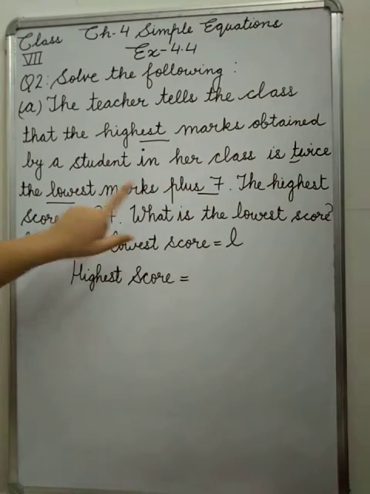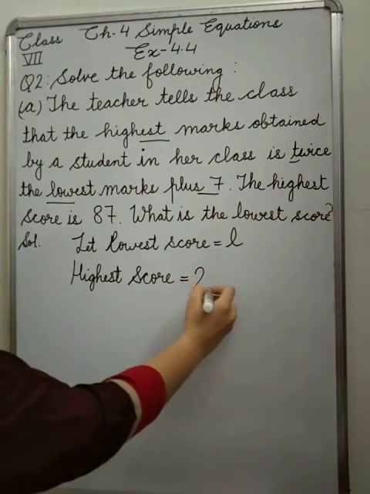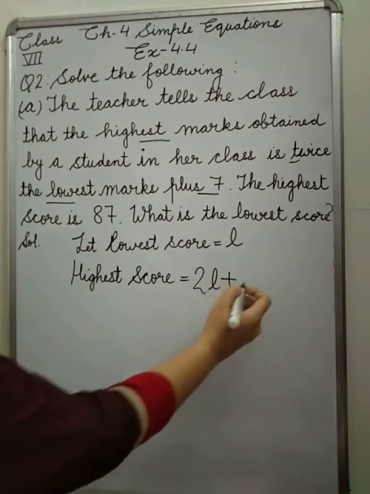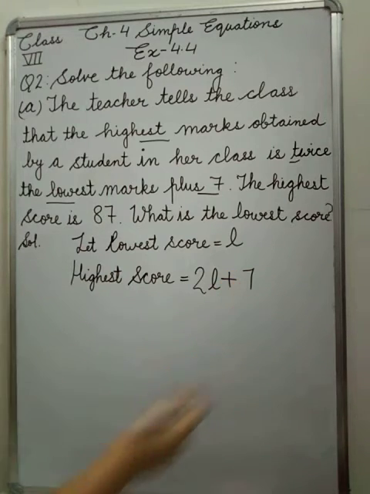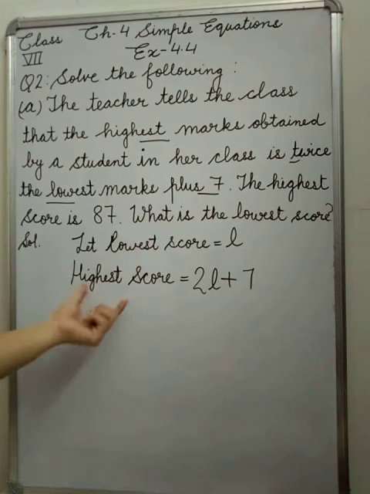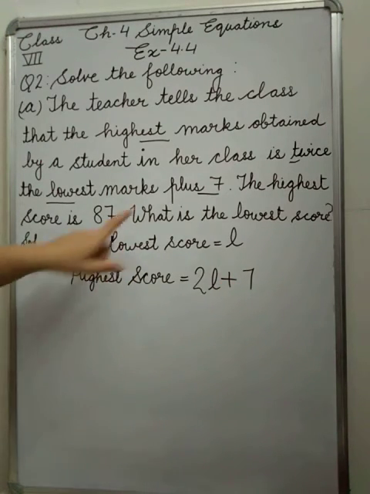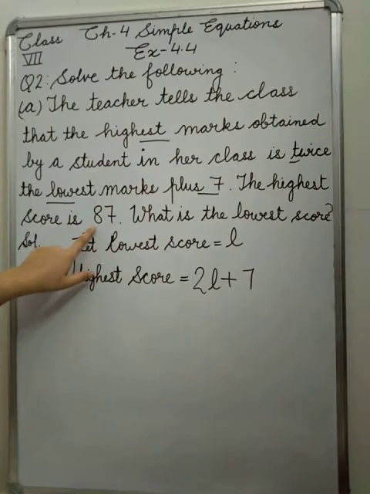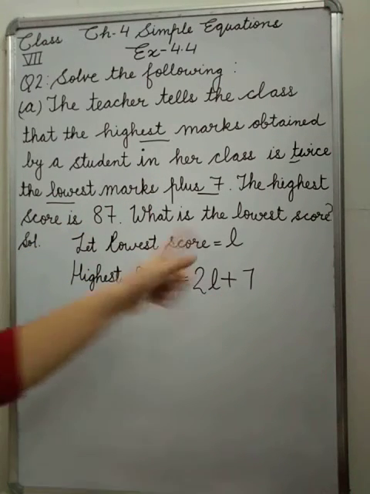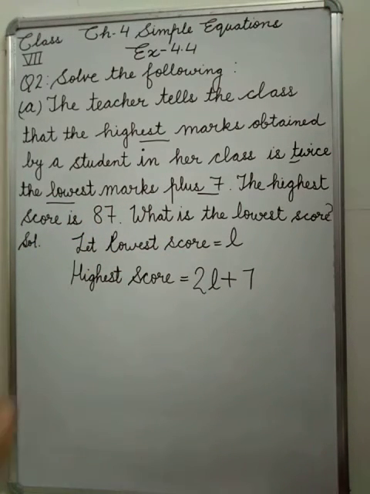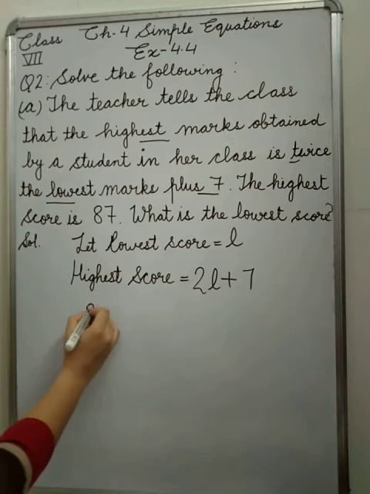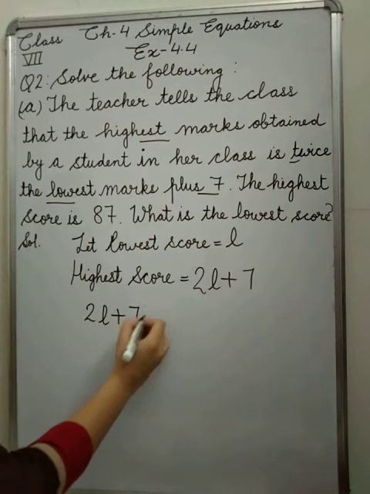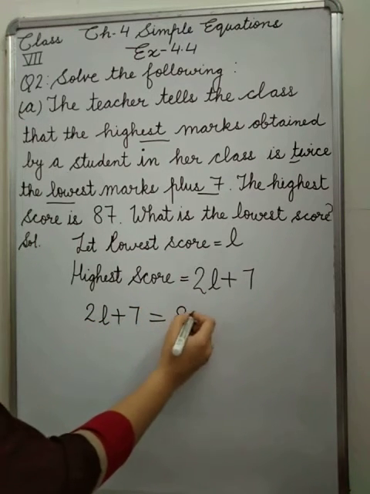Twice the lowest marks, that means 2 times L plus 7. But the highest score is also given as 87, so these two are equal. That means 2L plus 7 is equal to 87.